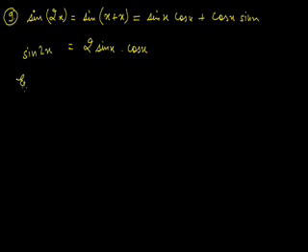Now how to use this formula? Suppose somebody asks you to find the value of sine x in terms of x by 2. So from here you know that sine of 2x is equal to 2 sine x cos x. If here the angle is 2x, it gets divided by 2. It becomes half of it. So half of 2x is x. So here the angle is x.